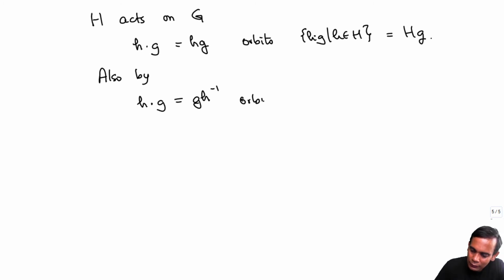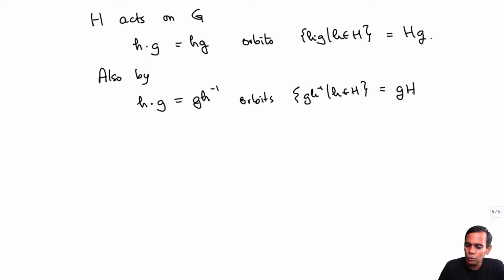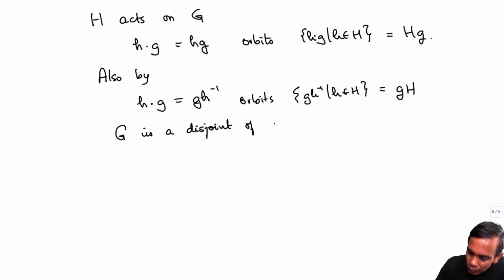And the orbits of this are what? Well, this is g times h inverse, where h is in H. But of course, h inverse is in H if and only if h itself is in H. So this is the same as gH. So the right cosets and the left cosets are orbits for the action of H on G by left multiplication and right multiplication respectively. So our usual theory of group action says that G is a disjoint union of H orbits.